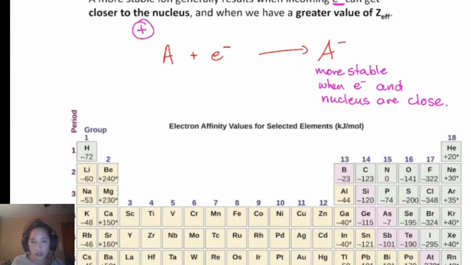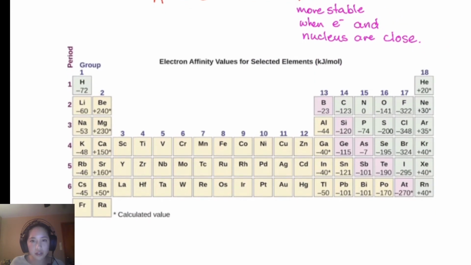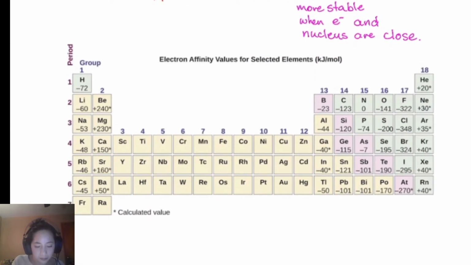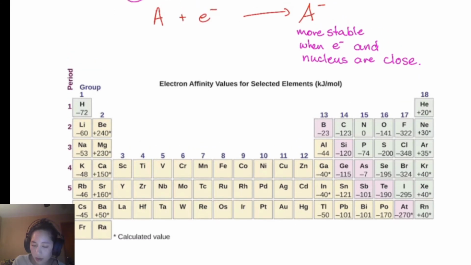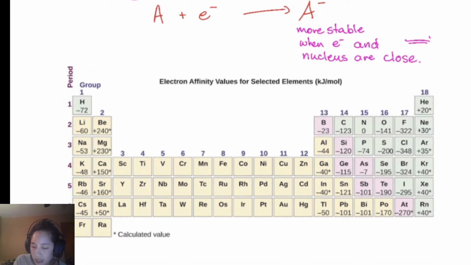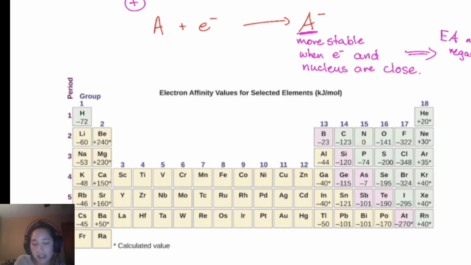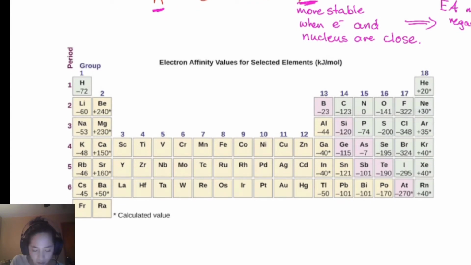That's the general trend. So if we look at the trends with electron affinity in this chart, maybe I should add more stable when the electron and nucleus are close, meaning that electron affinity is more negative, or more energy is being released because A minus is much more stable than A. So let's see if we can find some trends here.